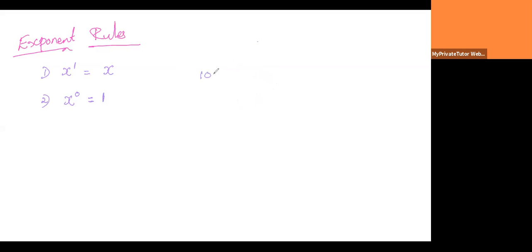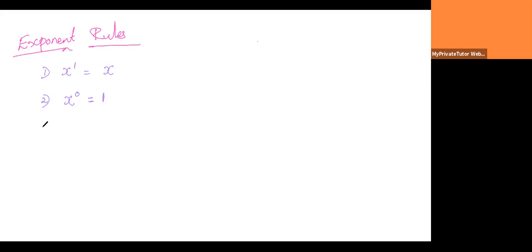For example, even 1000 power 0 becomes 1. So don't confuse it with power 1. If power 1, we get the original number. X power 0, any number power 0, is always 1. It can be a negative number or a positive number. That doesn't matter. I hope everyone understands that.